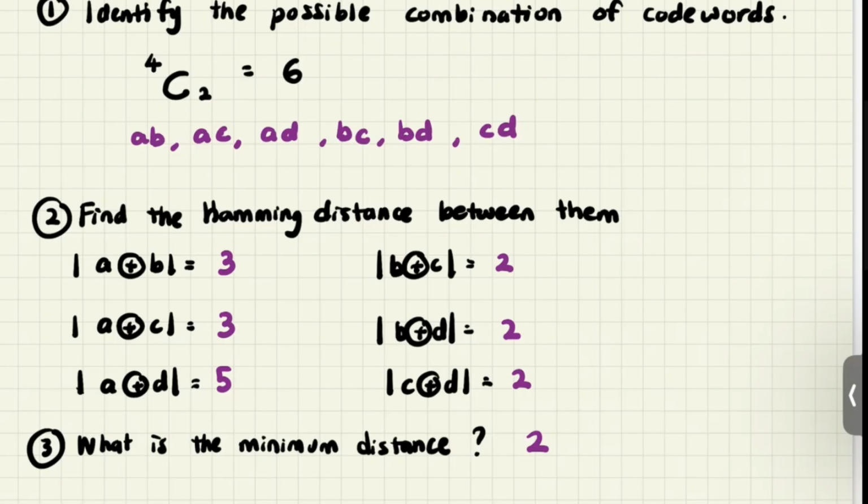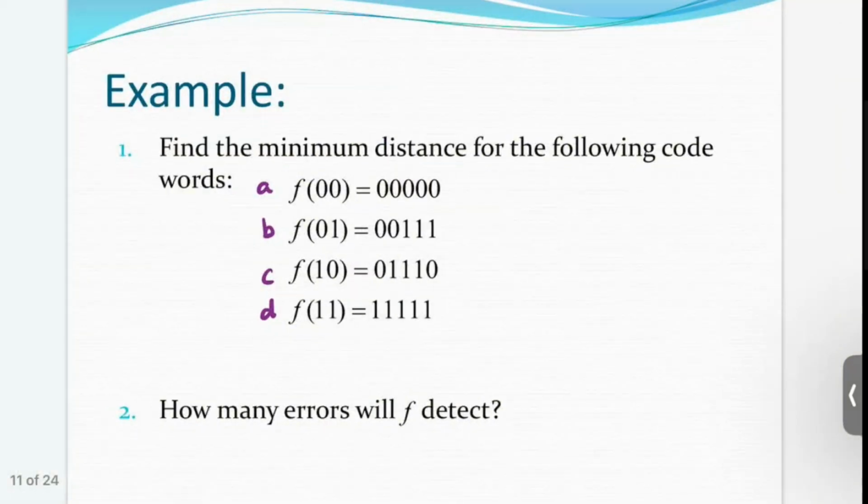Okay, so the next question is how many errors will f detect? The maximum number of detectable errors will be the minimum distance minus 1, right?